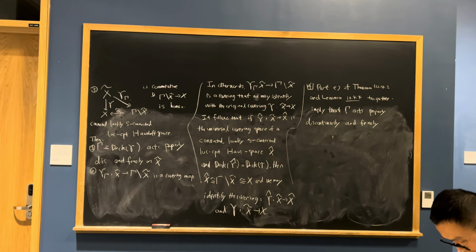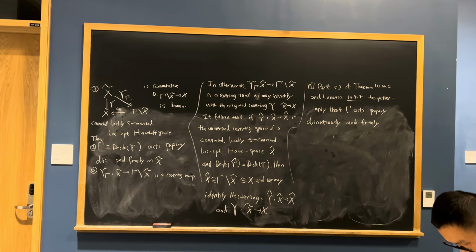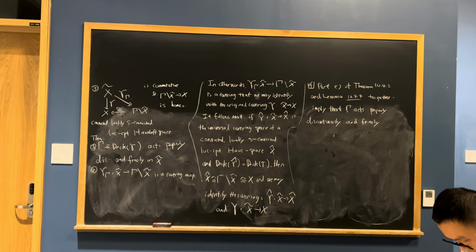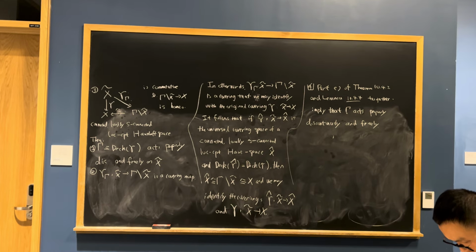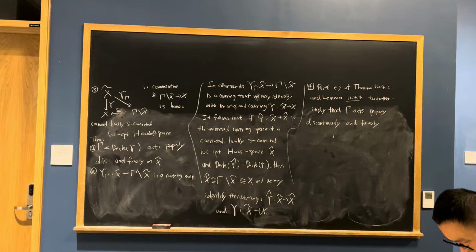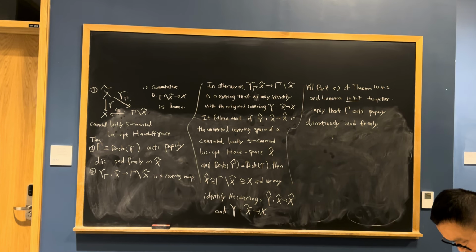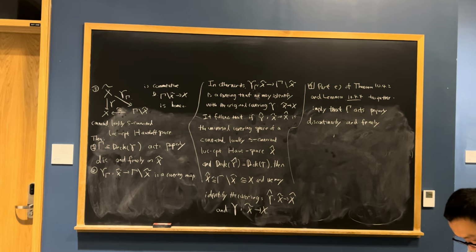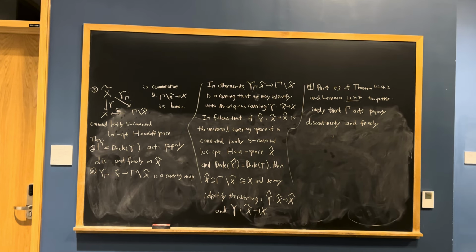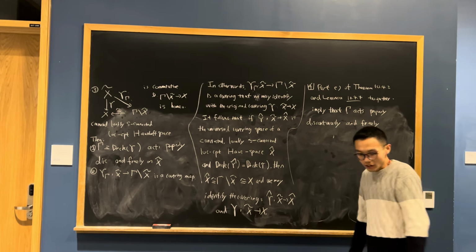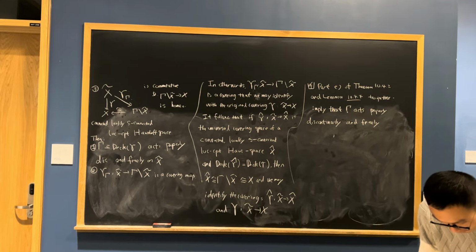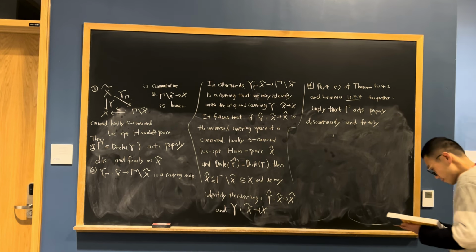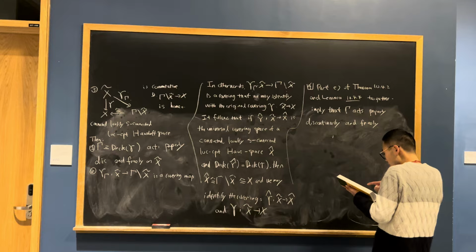If and only if for each pair of points x, y in X. So let me think. So let's see, I want to show that basically this one is equivalent to saying that for each point x, y.